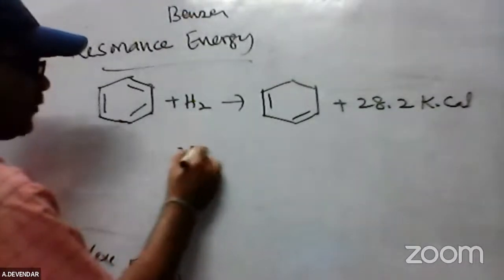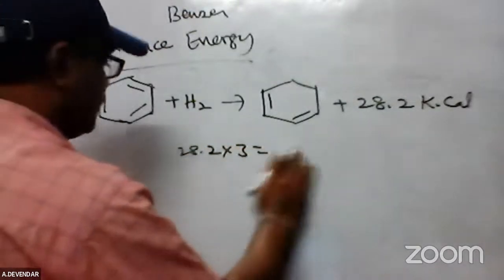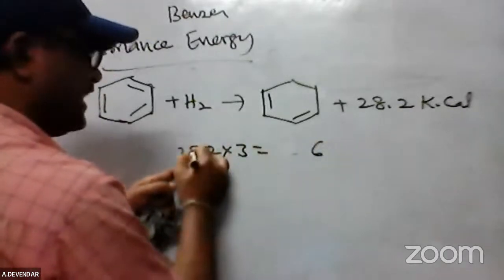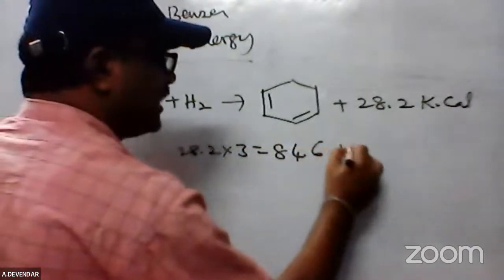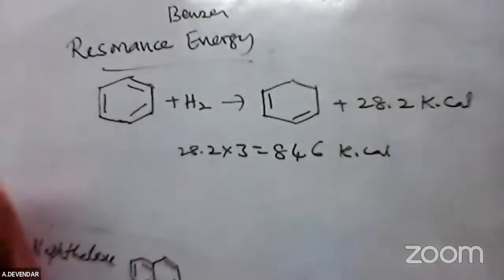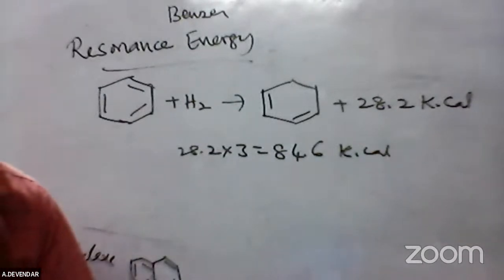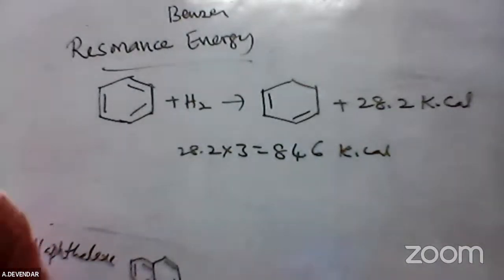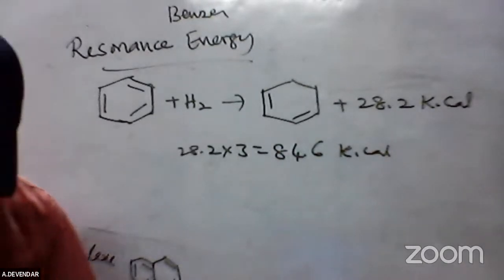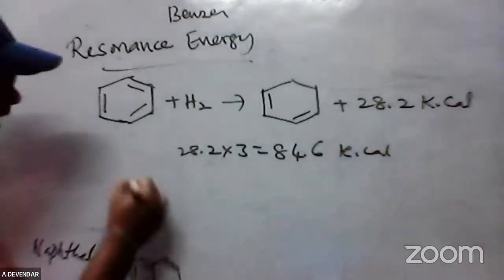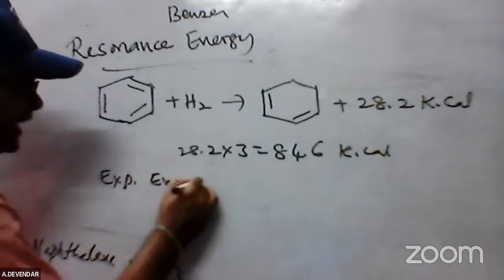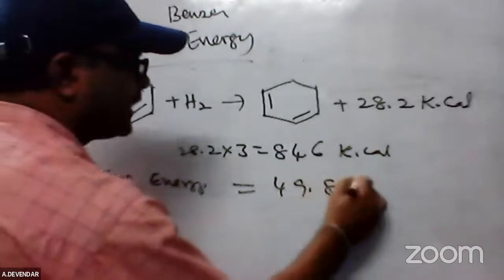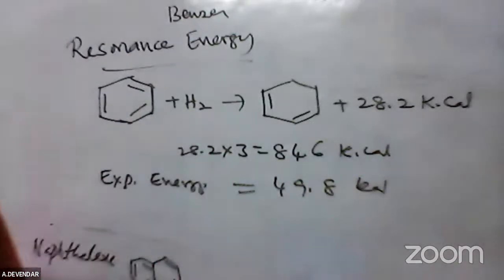So 28.2 into 3 means how much? 3 2s are 6, 3 8s are 24, so 84.6 kilocalories of energy is required to break all the 3 bonds. But in the case of benzene, experimentally the energy found is 49.8 kilocalories only.